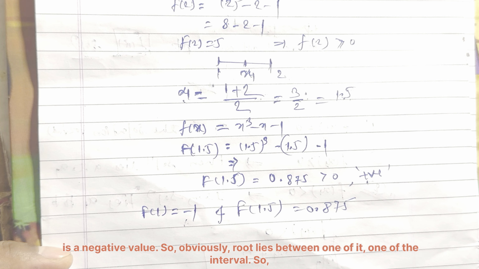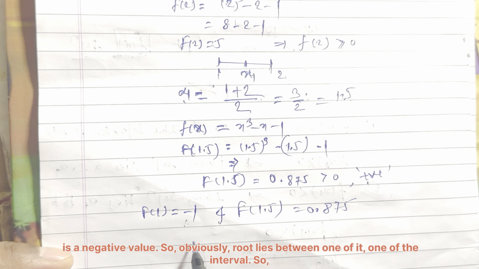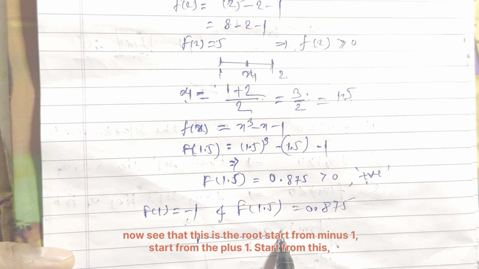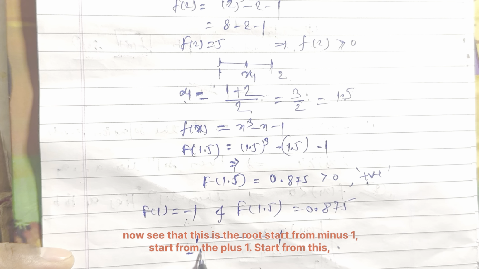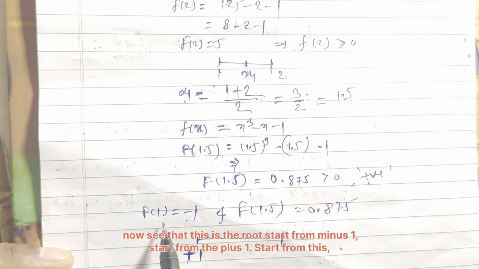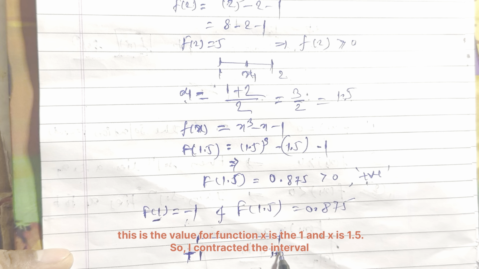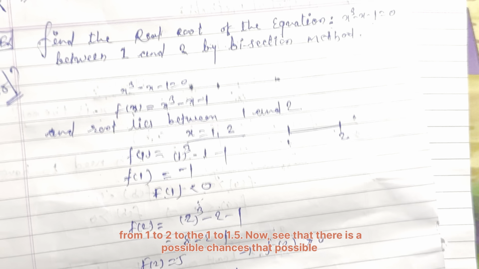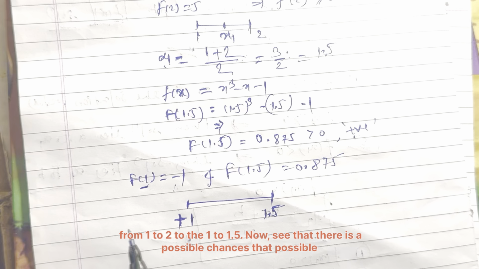So obviously the root lies in this interval, where x is 1 and x is 1.5. So I contracted the interval from 1 to 2 to 1 to 1.5.